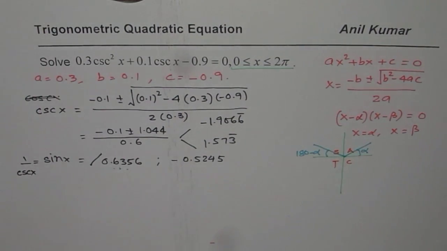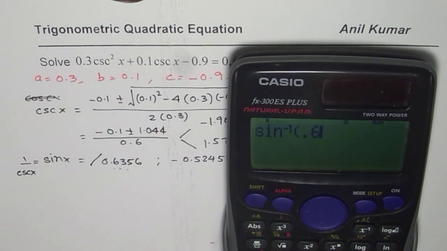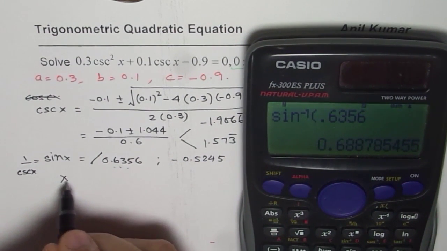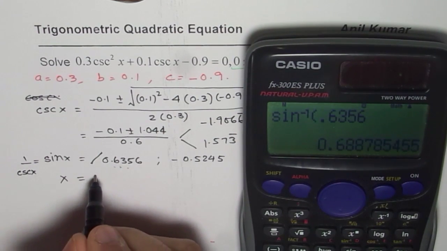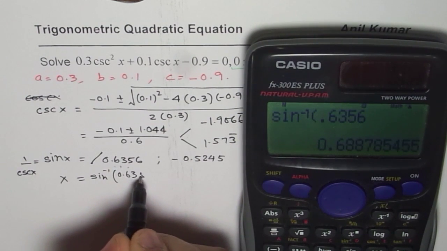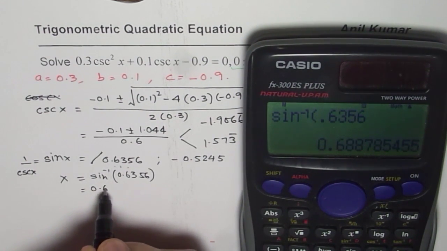So we'll use the calculator and say sine inverse of 0.6356. We get one solution, x is equal to sine inverse of 0.6356, which is 0.688, so let me round it to 0.69.